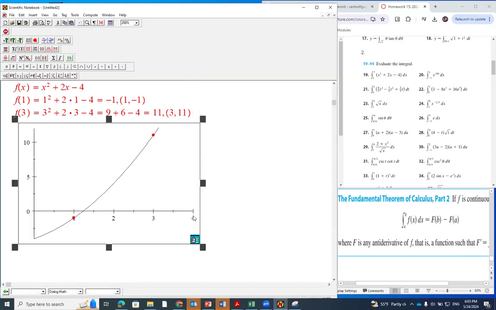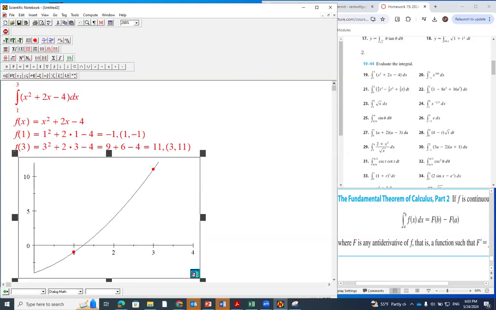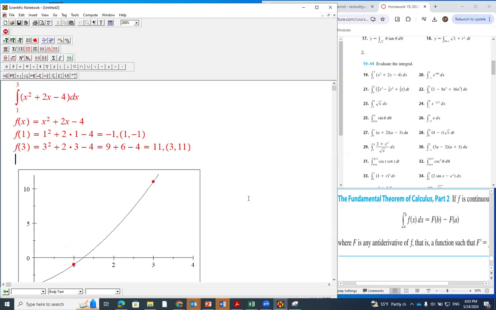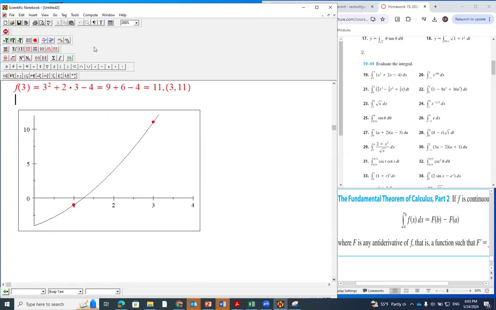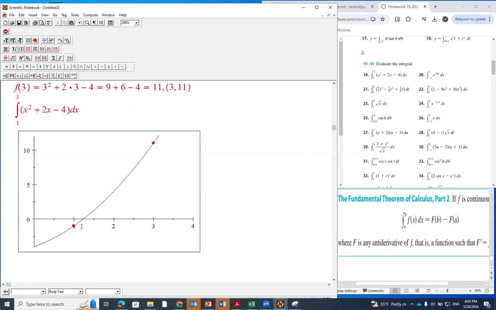There we go. So what does this integral mean? The meaning of this integral is to find the area between the curve and the x-axis. So from this point over here, we draw a vertical line, everything between the curve and the x-axis.